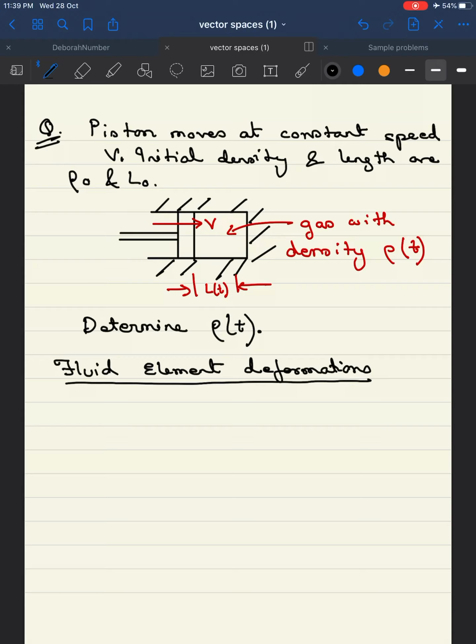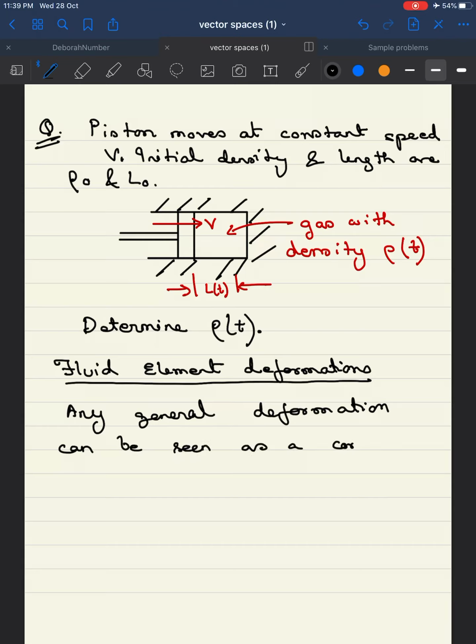Okay, so let's say any general deformation can be broken up into, can be seen as a combination of: one is translation, two is dilation, some people also call it dilatation.